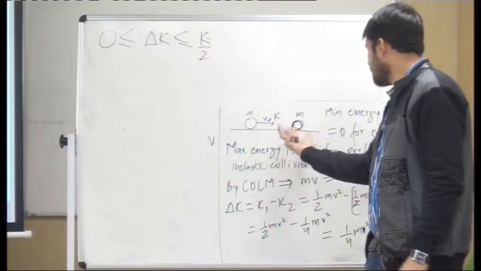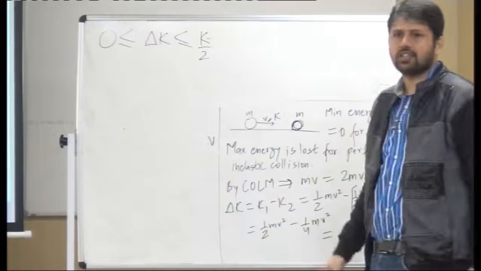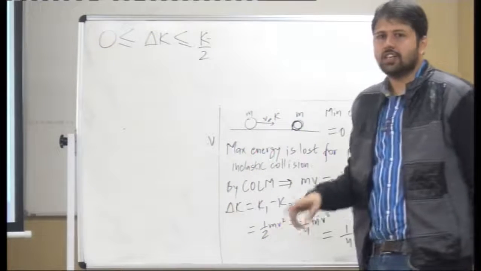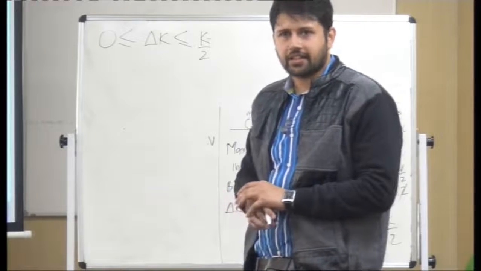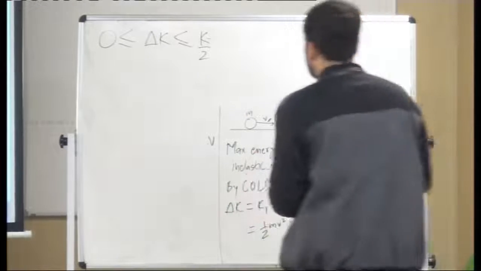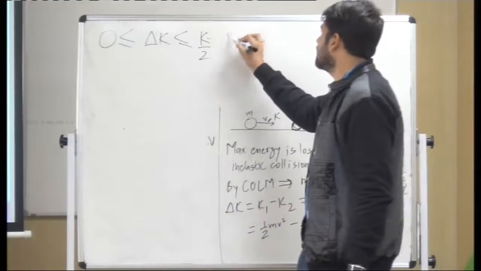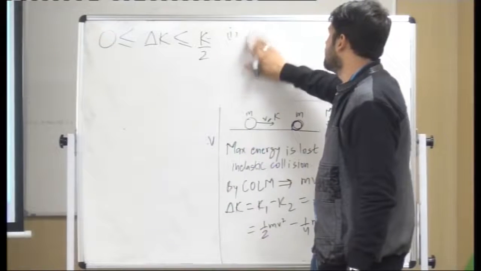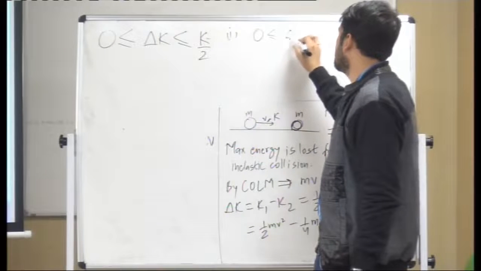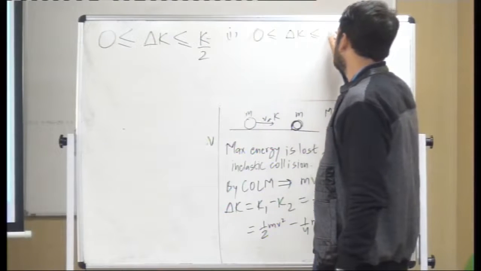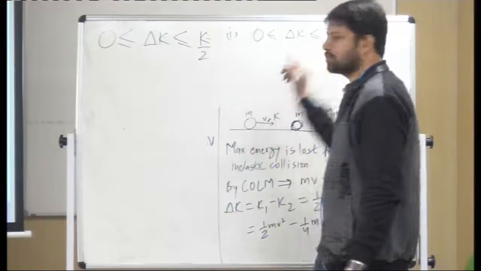If the masses are different, you need to calculate loss of energy. Now with the loss of energy, we would try to understand whether it can excite an electron or not. In the first case, the kinetic energy was 14, so the loss of energy delta K is from 0 to 7.